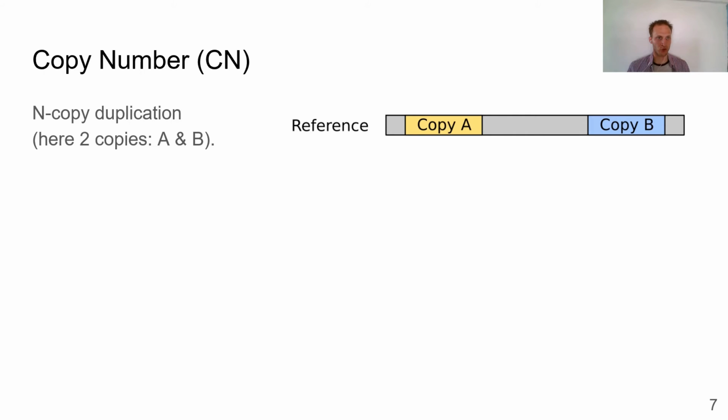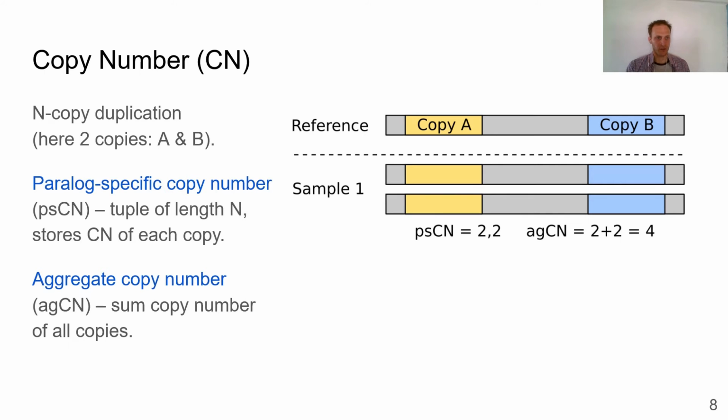Finally, we want to define what copy number is. Suppose there is an n-copy duplication. Then we can define paralog-specific copy number as a tuple of length n, which is the copy number of each individual copy. For example, sample 1 here has PSCN 2,2, meaning that it has 2 copies of each repeat copy.